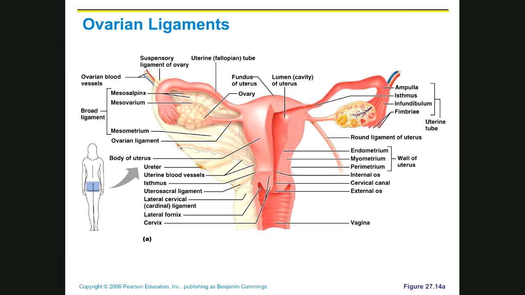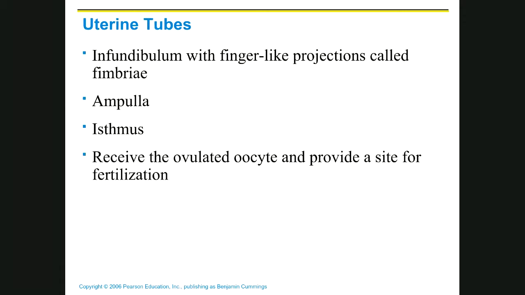So, ovaries. Well, then we have what are called the uterine tubes. Sometimes uterine tubes are called oviducts, but that's not used very much in humans. But anyway, a uterine tube, when you look at them, again, they're trumpet shaped.